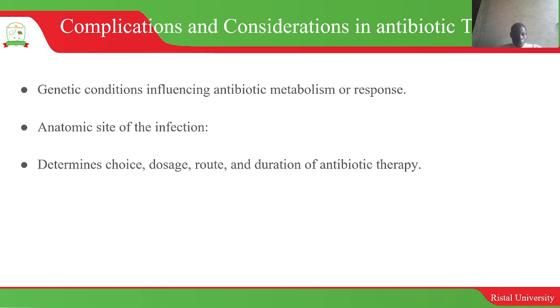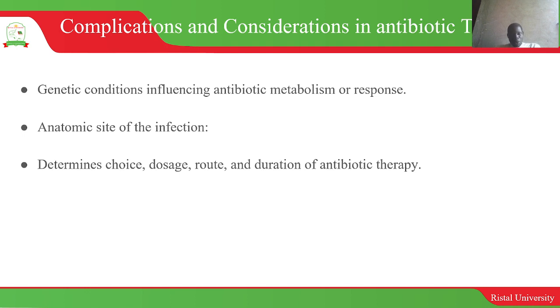Complications and considerations of antibiotics continuing. We also look at genetic conditions influencing antibiotic metabolism and response. So these variations also manifest differently and affect the way antibiotics work in different individuals.